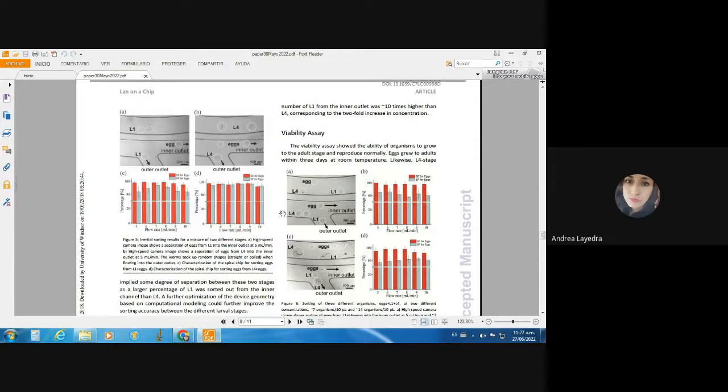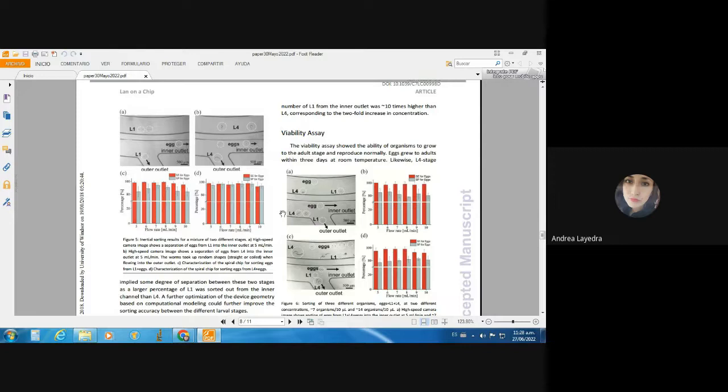Finally, with both mixtures, a sorting efficiency above 90% was achieved within a flow rate range of 5 to 10 milliliters per minute.